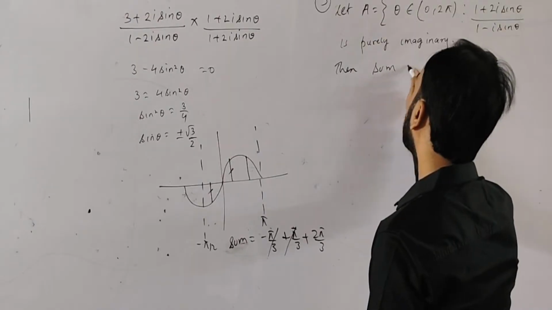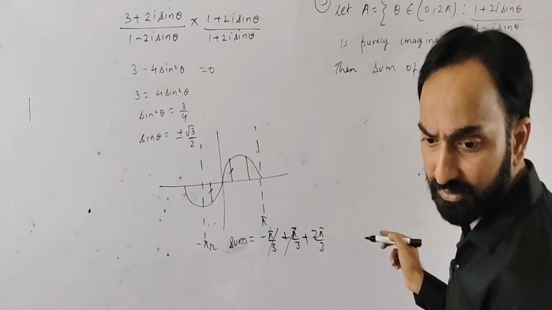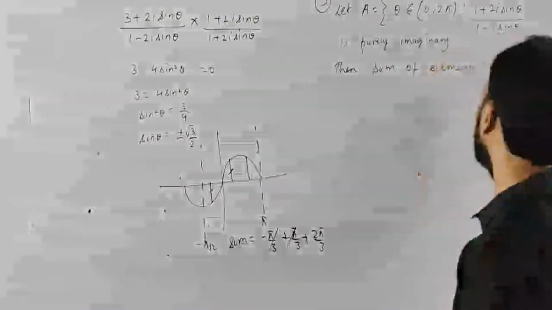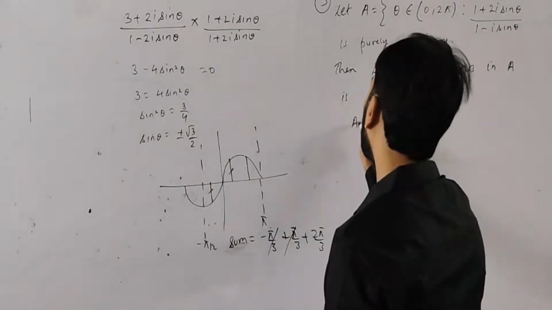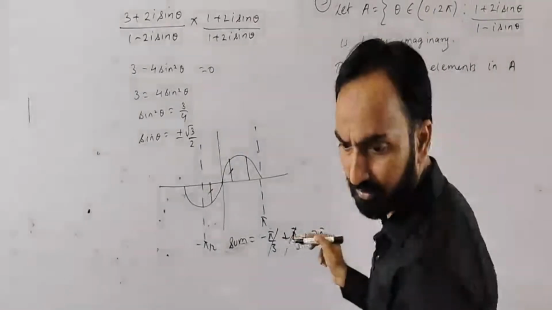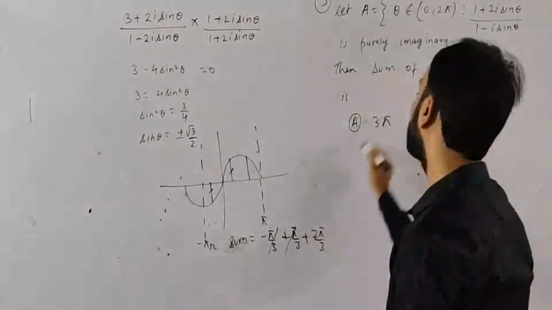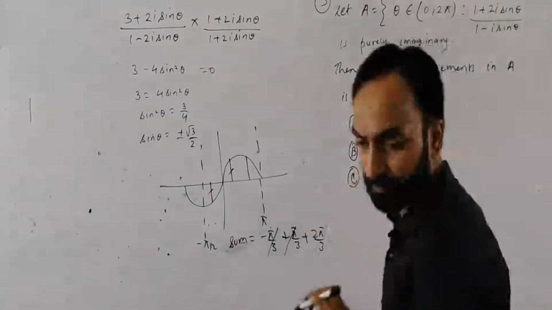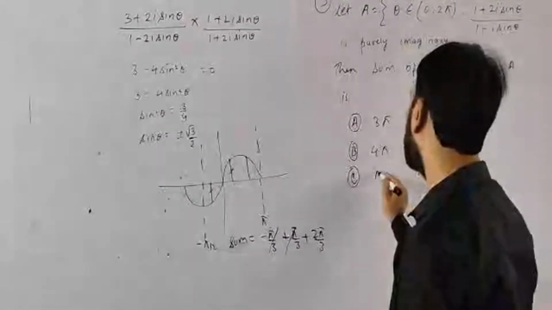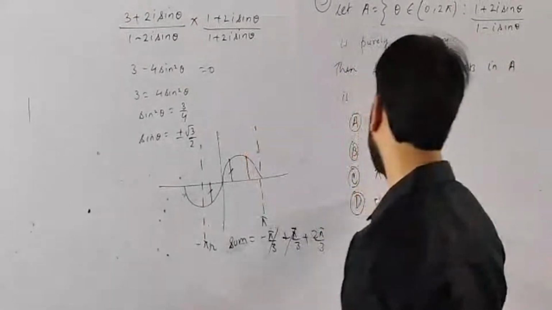Then the sum of elements in A is, correct? Options are 3 pi, 4 pi, pi, and D option is 2 pi, correct?